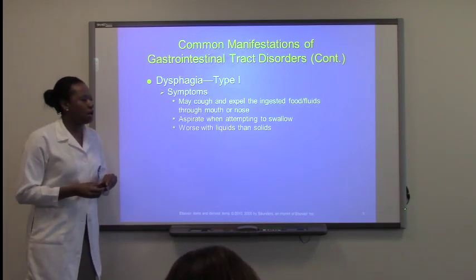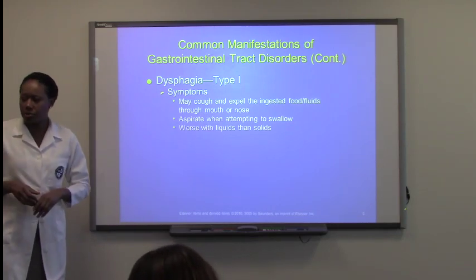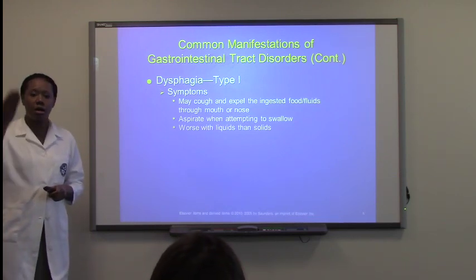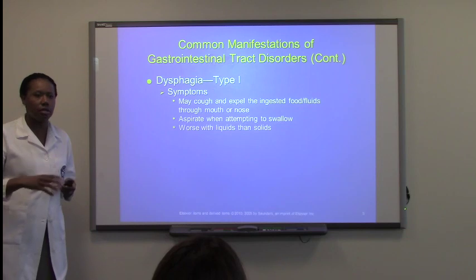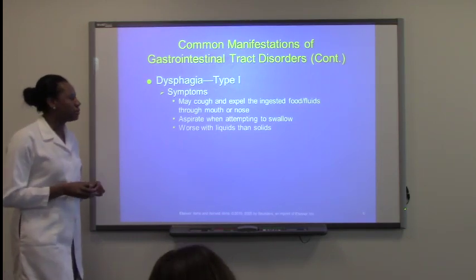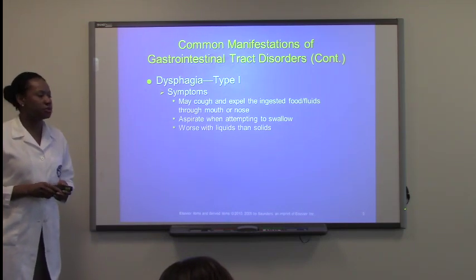Symptoms. Patients may cough or expel the food through the mouth or the nose, okay, and some people do this as a trick, but what happens when the food is stuck, it has to come out some orifice, okay, and the closest orifice is the nose, okay, or the mouth. Or sometimes people can aspirate these materials as well.